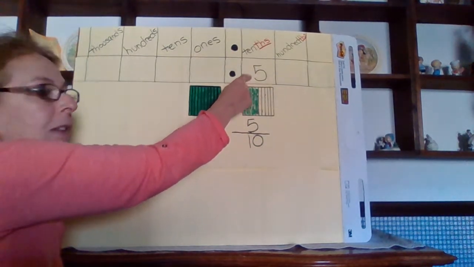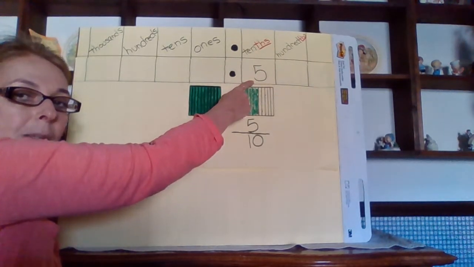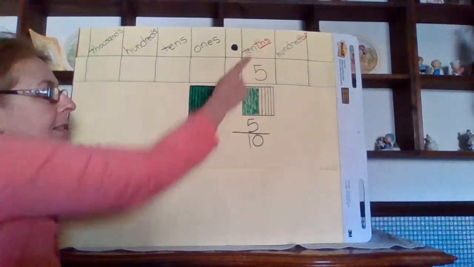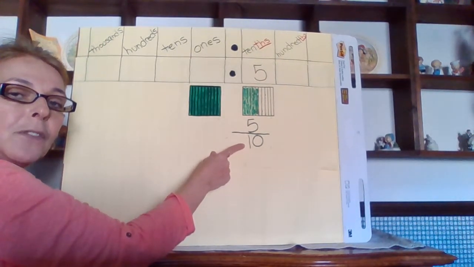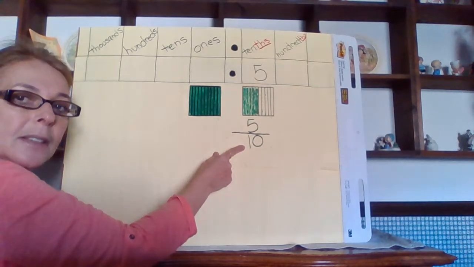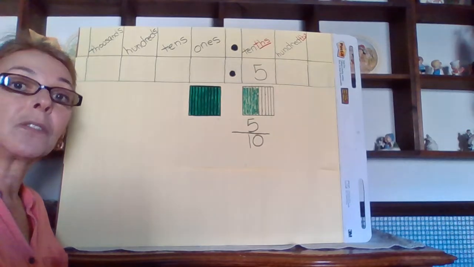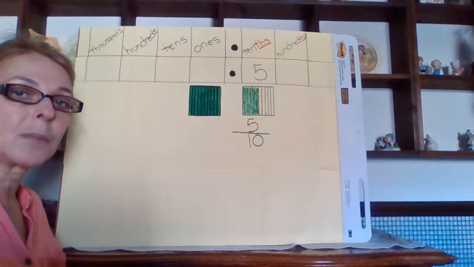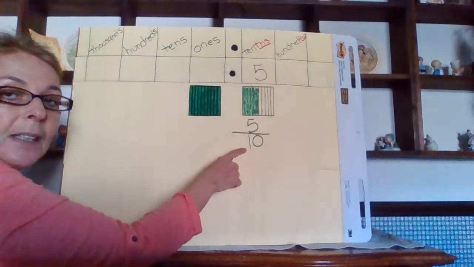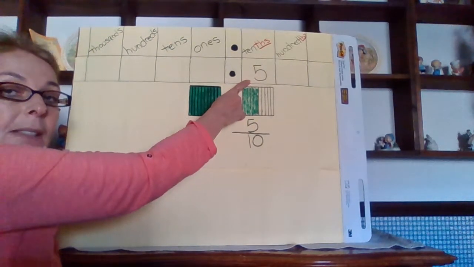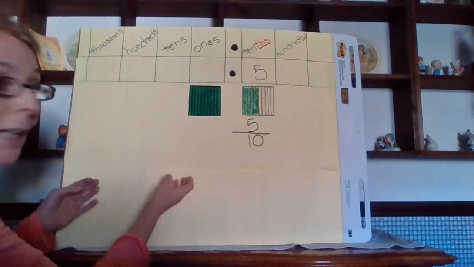Notice I put the 5 in my tenths place, and the way that I read this decimal, 5/10, is equivalent to the way that I read this fraction, 5/10. So already we see a relationship between fractions and decimals. My denominator has to be 10 for any number that sits in my tenths place. Let's look at my next example.